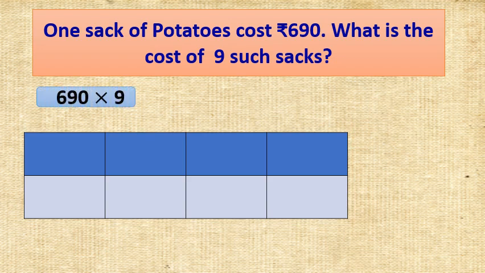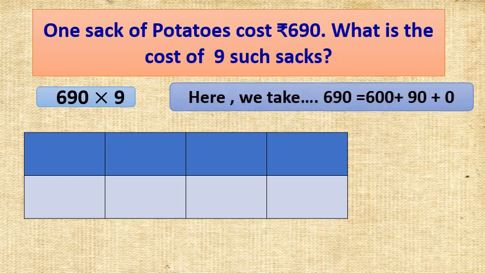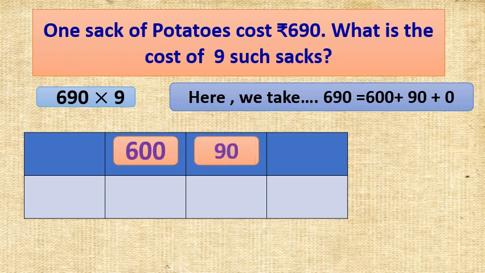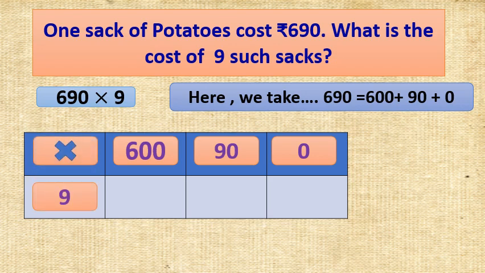And now we will write 690 in the expanded form, that is 600 plus 90 plus 0, because unit place has 0. Now we will write here 600, here 90 and here 0. And we are going to multiply these three numbers by 9 because 9 sacks are there, isn't it?